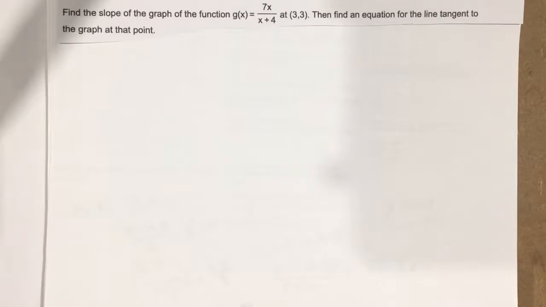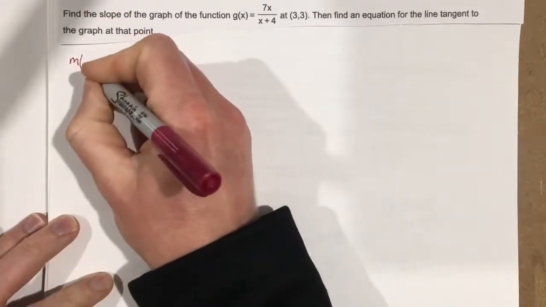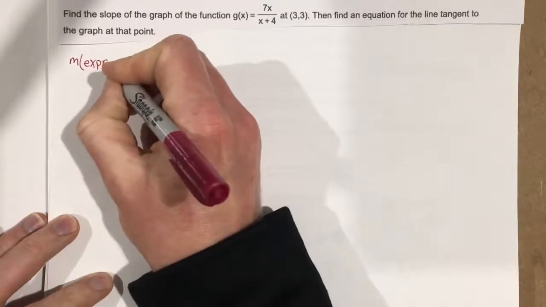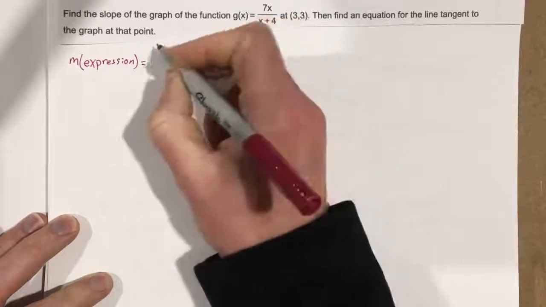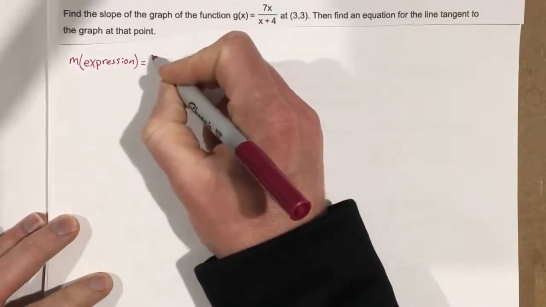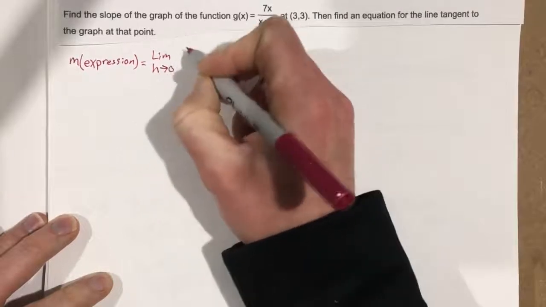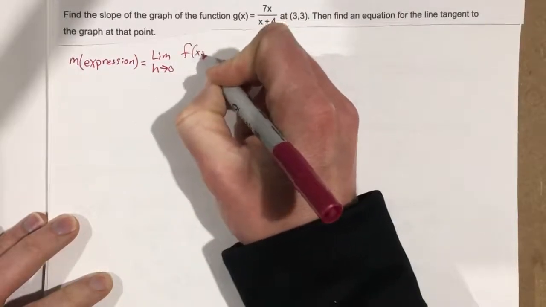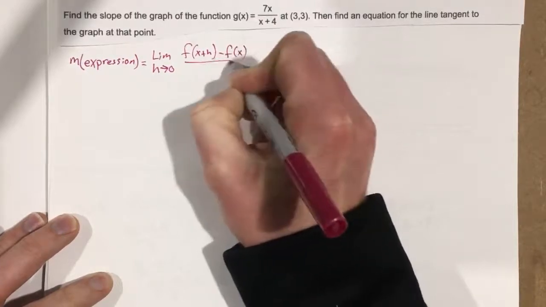So let's start by finding the slope expression for this function. We know we find that slope expression by doing the limit as h approaches 0 of f of x plus h minus f of x all over h.